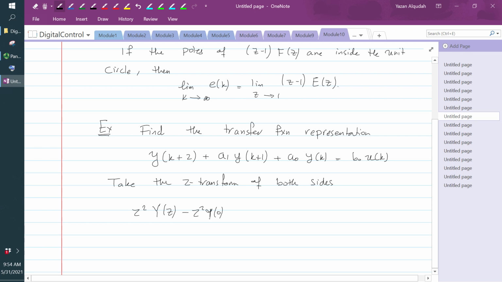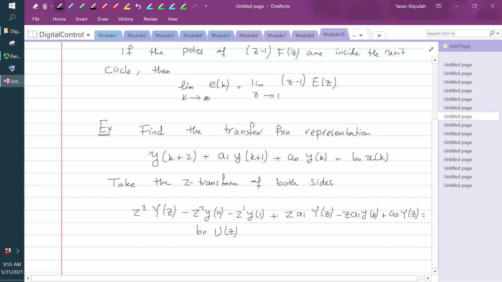This is a small letter because it's in the time domain. Minus z y(1) plus z multiplied by a1 Y(z) minus z multiplied by a1 y(0) plus a0 multiplied by Y(z), and this is going to equal b0 multiplied by U(z).